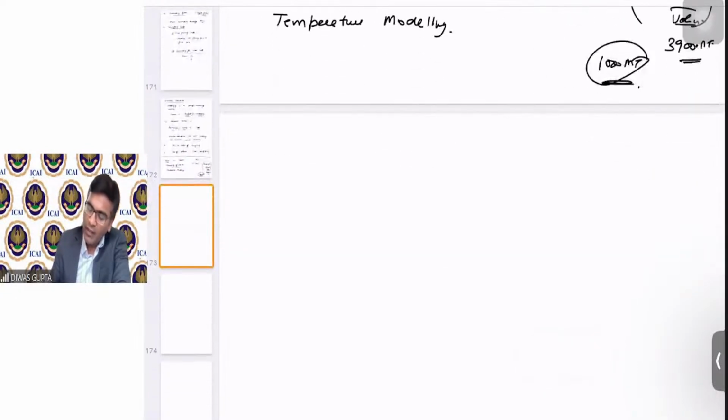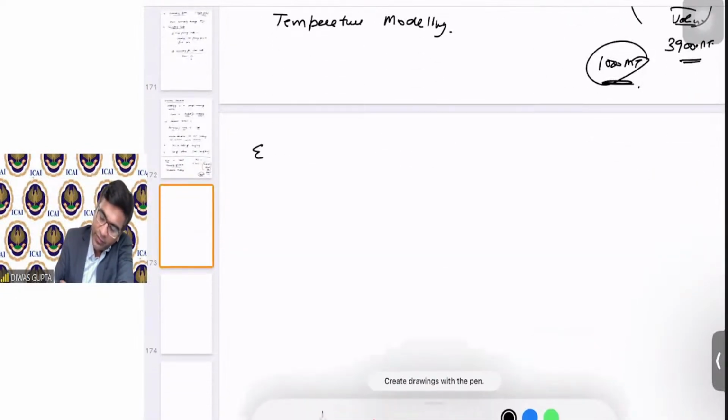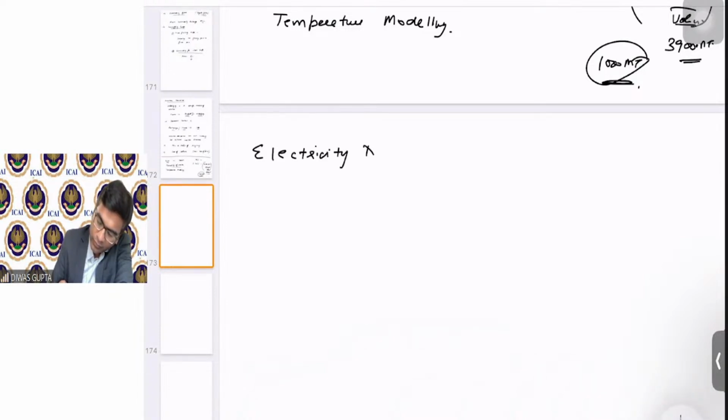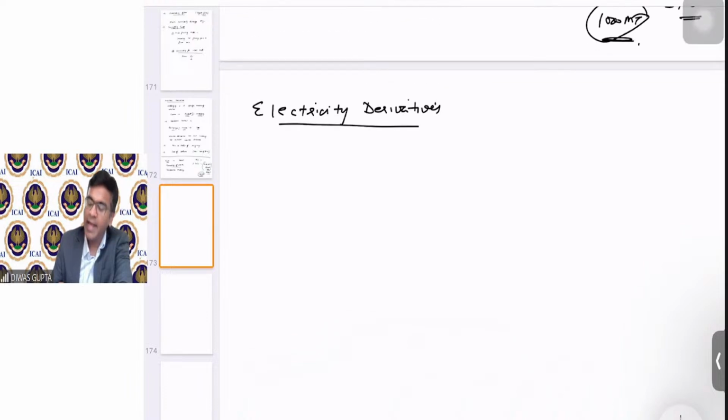Okay, students. Now, lastly comes the electricity derivative. Students, if you see, electricity is a highly regulated area, right?